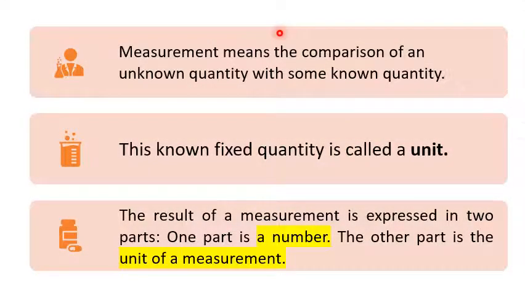We discussed measurement. So what is a measurement? Measurement means the comparison of an unknown quantity with some known quantity, and the fixed quantity is what we call a unit. And how will we measure? The result of a measurement can be expressed in two parts. One is you have to write a number, and the other part is you have to write the unit of measurement. Okay.